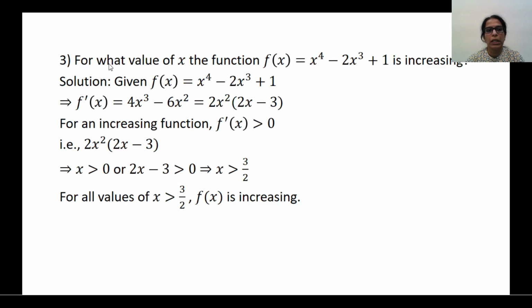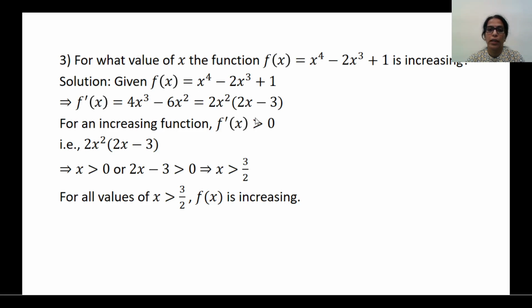Next problem. For what values of x the function f of x equal to x to the power of 4 minus 2x cube plus 1 is increasing. So that means f dash of x is greater than 0. Find the derivative of this function. It is 2x square into 2x minus 3.